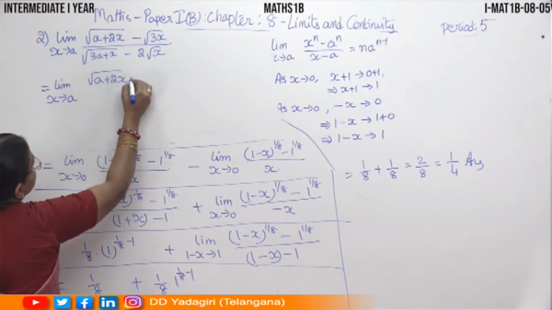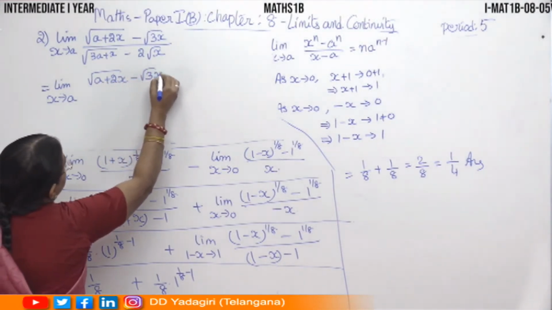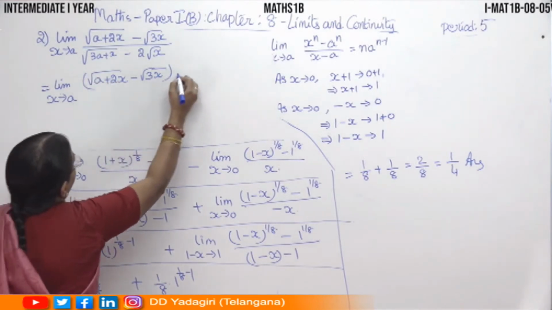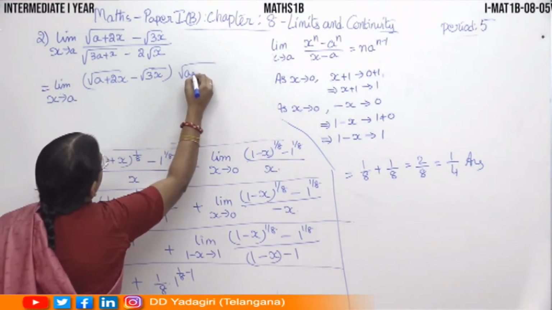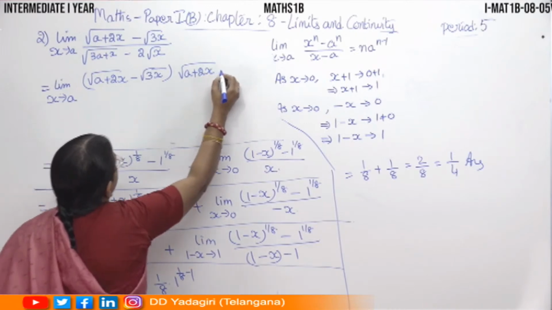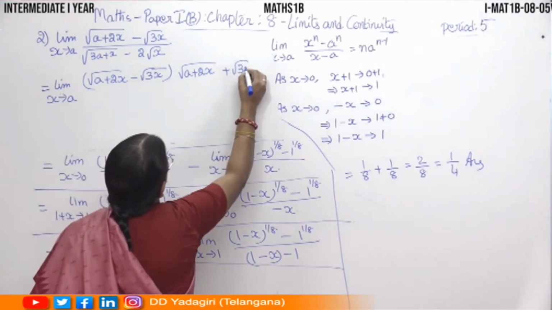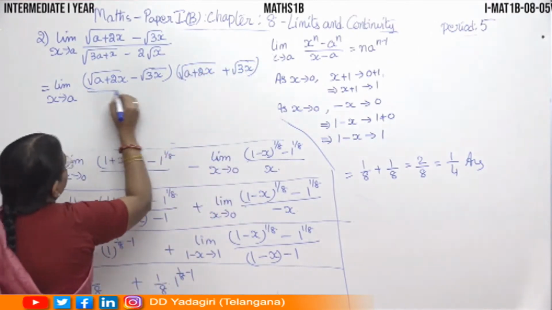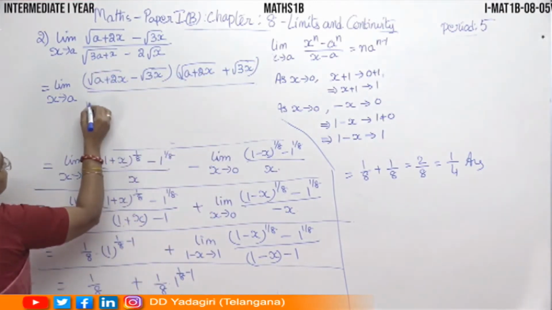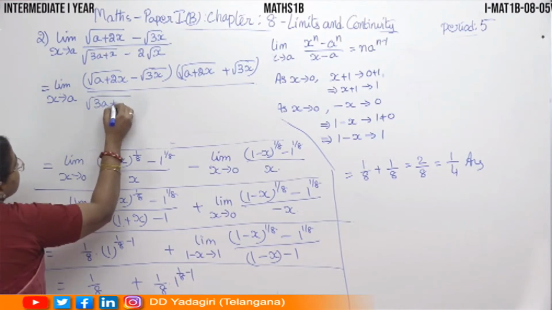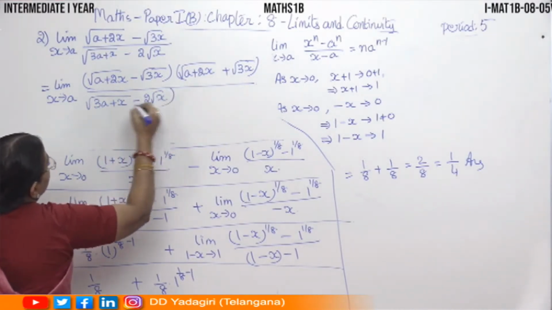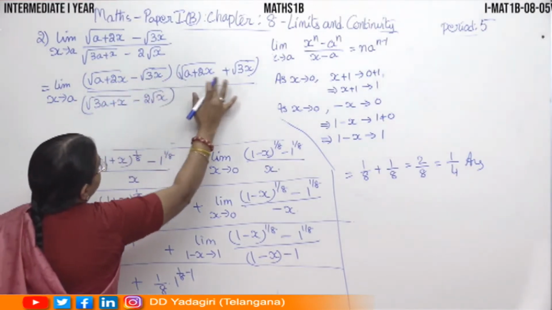Root a plus 2x minus root 3x. So multiply and divide this by root of a plus 2x plus root 3x, over root of 3a plus x minus 2 root x. First I am rationalizing this.